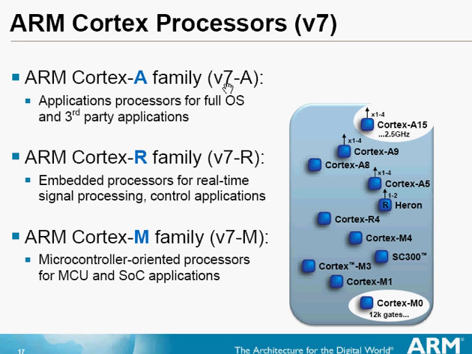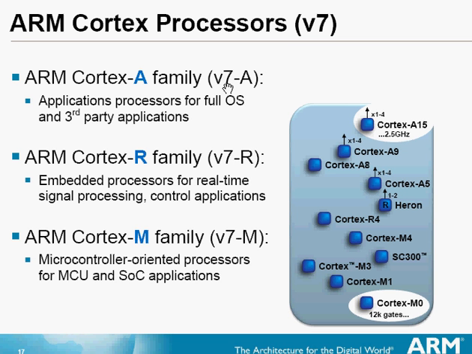Another category of Cortex is the ARM Cortex-R family, which has V7R architectures and instruction set. It is used for embedded processors, for real-time signal processing, control applications, mostly in medical equipment.